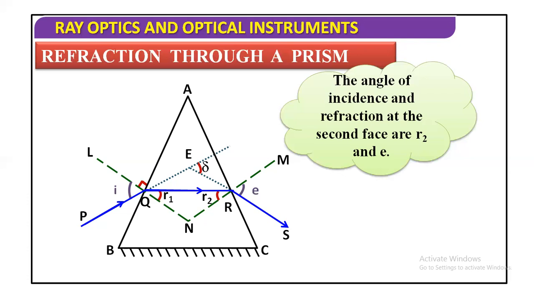So let me write all these angles. What are the names of these angles? Angle I is called angle of incidence. R1 and R2 are called angle of refraction.